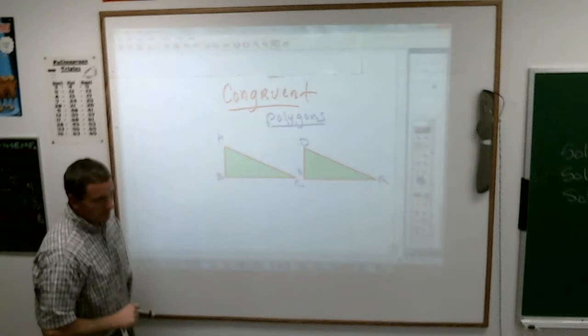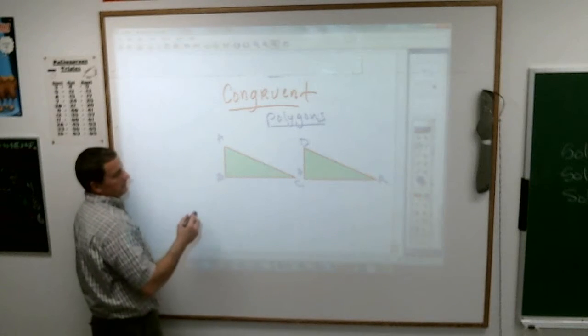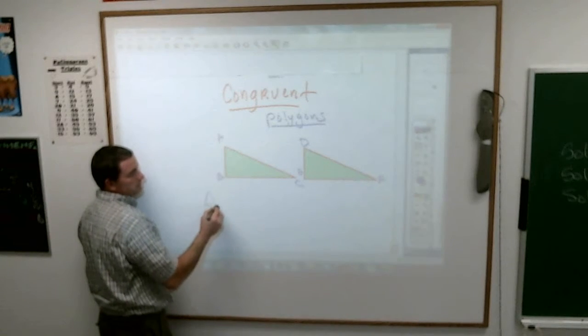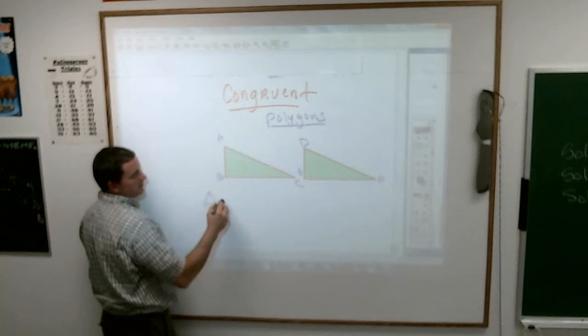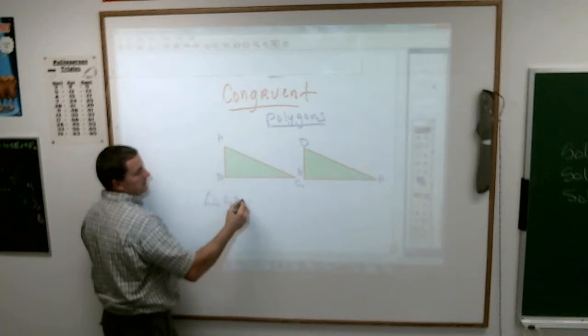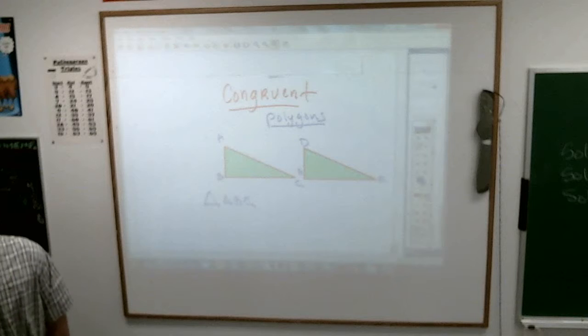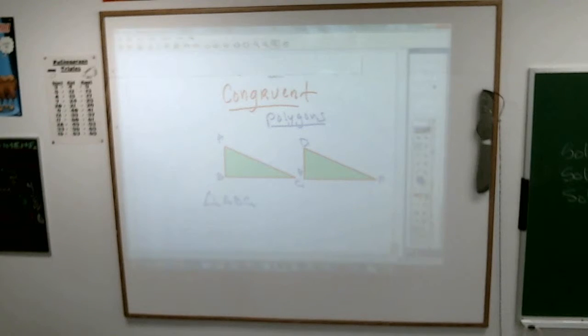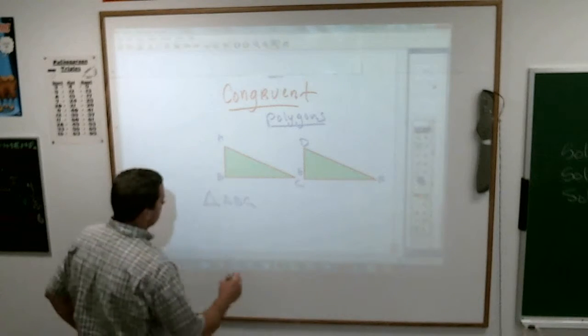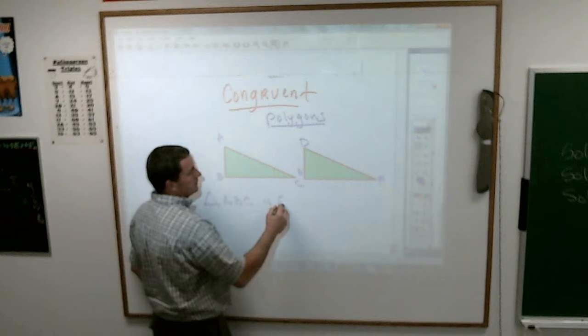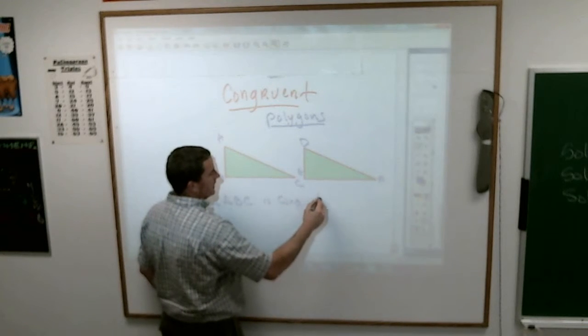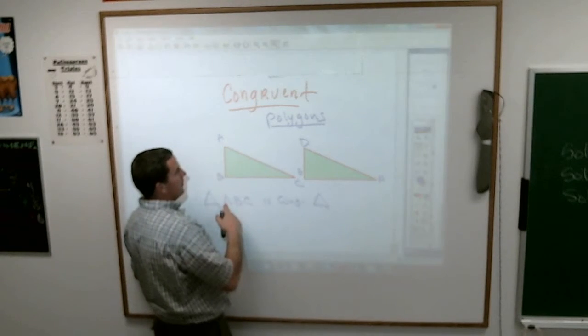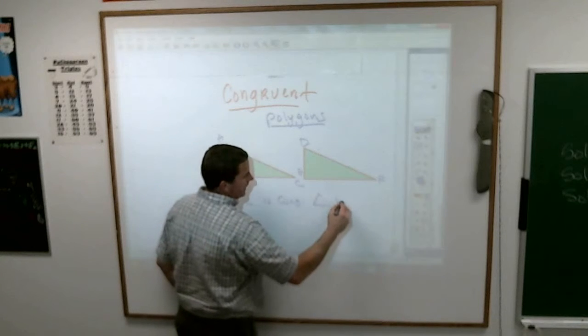This is a little geometry kind of stuff that you'll get a little bit later. Triangle, instead of writing the word, I'm just going to say this. Triangle ABC is congruent to triangle DEF.